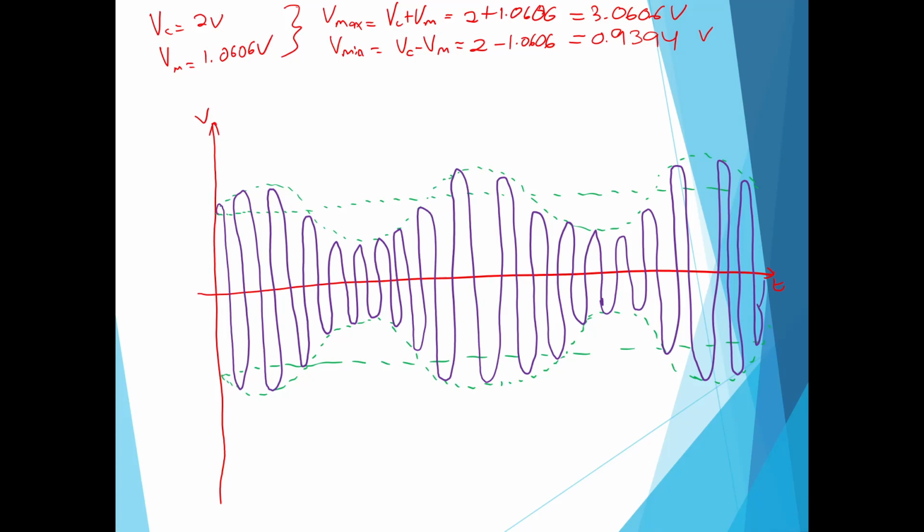Okay, correct drawing. Now I will label. Here the maximum is 3.0606, and the minimum here is 0.9394.